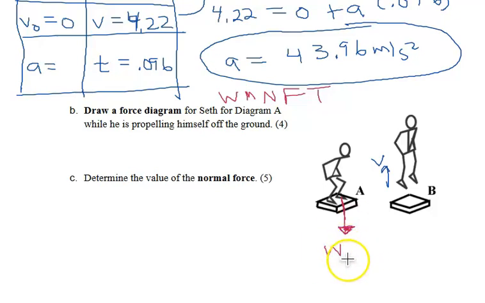Ironically, that's sometimes the force that people forget about, especially in a problem like this, or when somebody's landing in a net, and you're focused on the force of the net, or the basketball. So everything has weight. We don't care about weight if it's going left and right, but everything should have a weight vector.